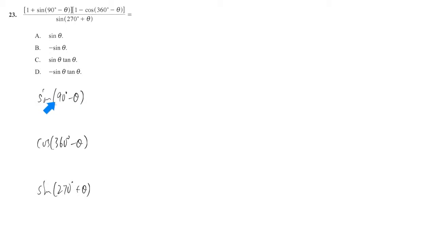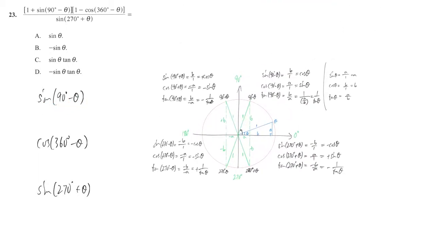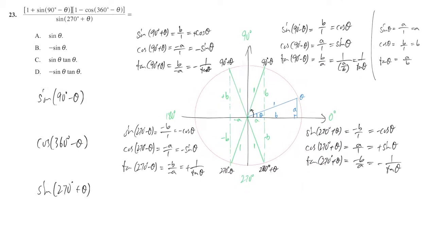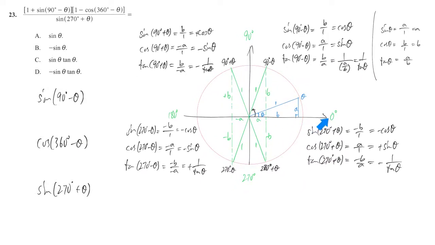The key point here is about some more complicated trigonometric ratio here. First, it's talking about sine 90 degree minus theta. If you still remember, this is talking about angle related to y-axis. This is 0 degree. We rotate anti-clockwise 90 degree and then we go back by theta. So we are describing this triangle. And then based on this, you'll find that the adjacent side and the opposite side is swapped.